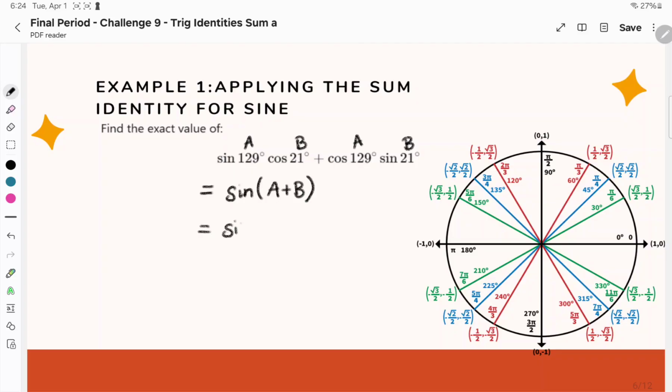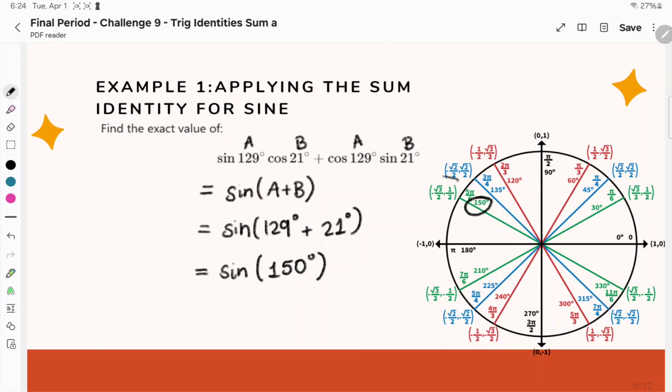But A is 129 degrees and B is 21 degrees, right? And we can add those two and we get 150 degrees.